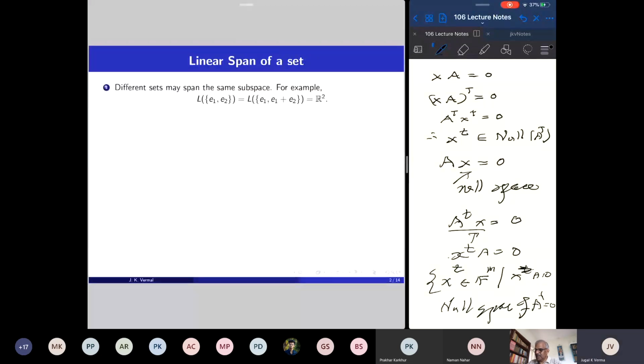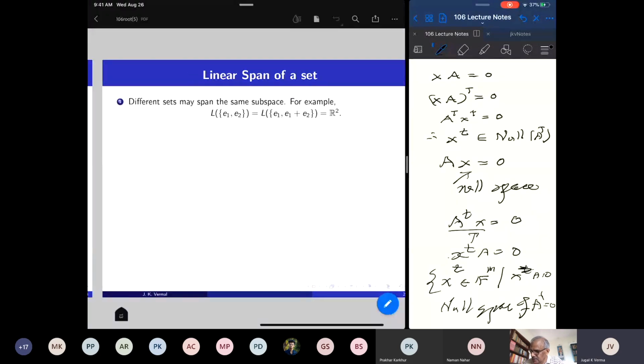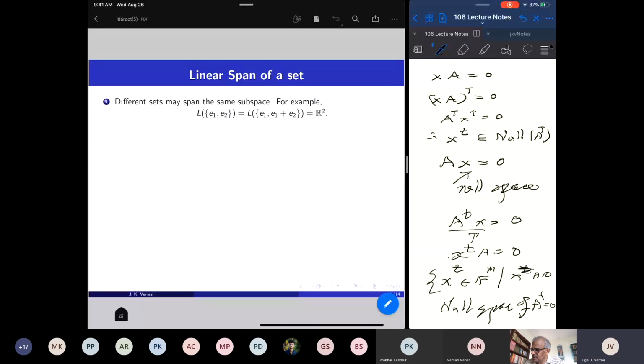Linear span of a set. Different sets can span the same subspace. For example, if I look at the standard column vectors E1 and E2 in a two-dimensional space, they live inside R2.